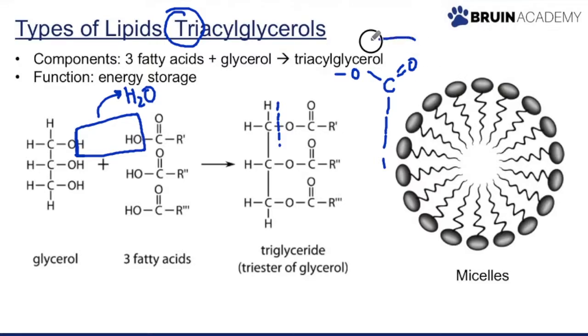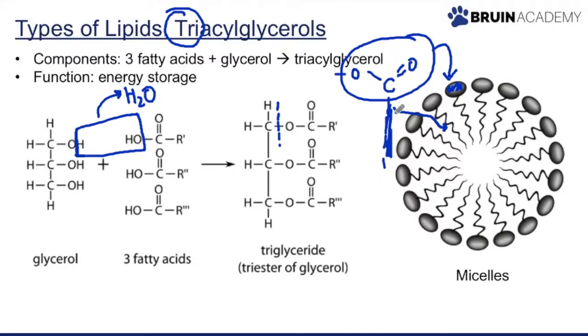And here, this ball corresponds to this shaded figure, and this part corresponds to these squiggly line tails here. Usually this part is considered polar, so it orients itself out into the aqueous environment, whereas the internal part is nonpolar, as indicated by the long hydrocarbon chain.